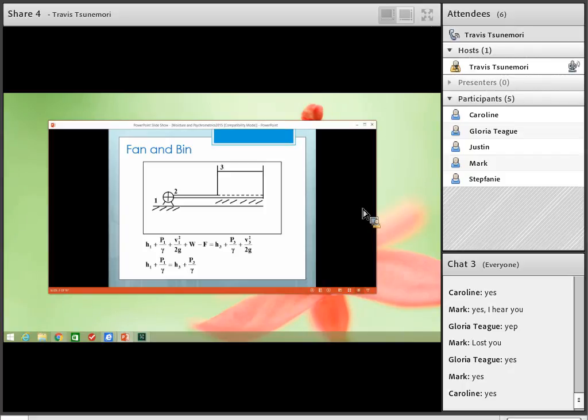So then I've written Bernoulli's equation again. And the thing about air is that H1 plus the pressure divided by the specific weight at 1 is going to equal H3 plus the pressure divided by the specific weight of the fluid at 3. So those two cancel each other out.